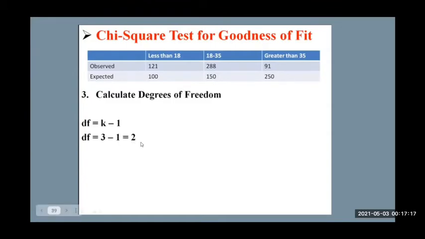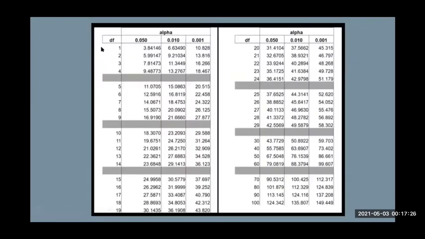We have 3 columns, and we minus 1, so we have 2. We're going to use that in our chi-square test table, where our degrees of freedom is 2 and our alpha is 0.05. So our critical value will be 5.99147.